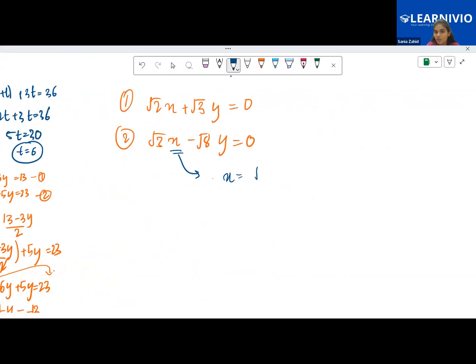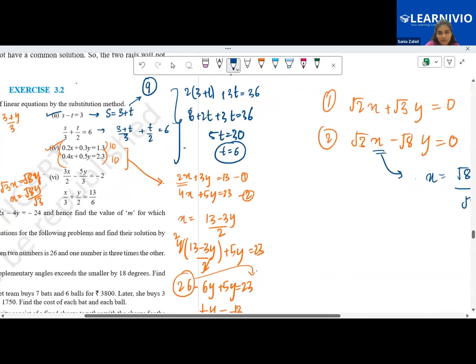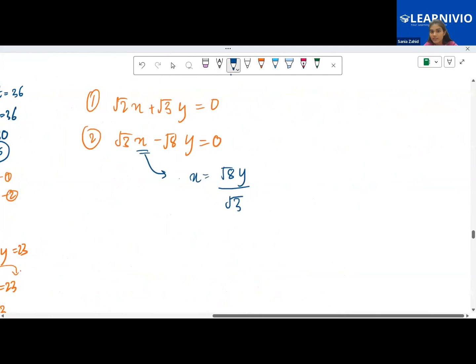So x will be root 8y by root 3. Right? Are you getting this value of x? No, I have written a wrong answer. Okay, no problem. Please look here.